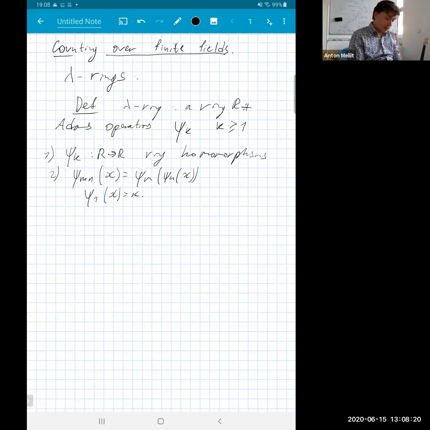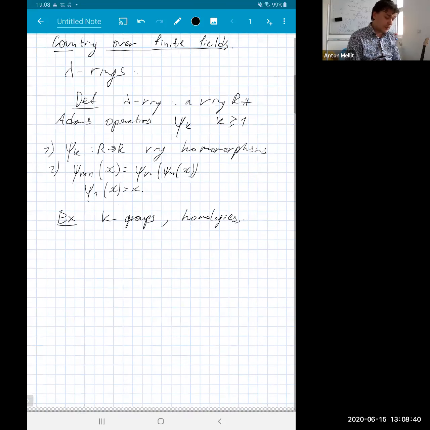Examples of these lambda rings are K theories, K groups, also homologies. Many things that come from geometry.